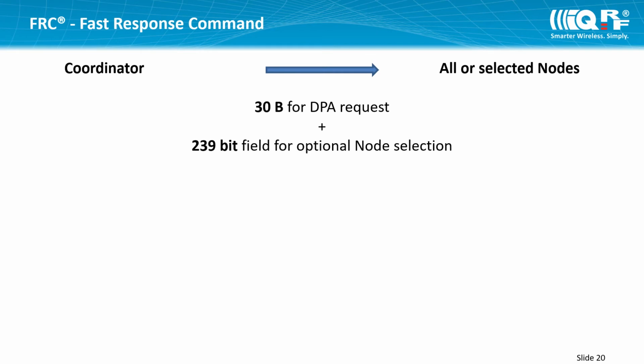The IQMESH implements several communication types. The fast response command, shortly FRC, is a very useful communication type when there is a need to collect small data from many devices.